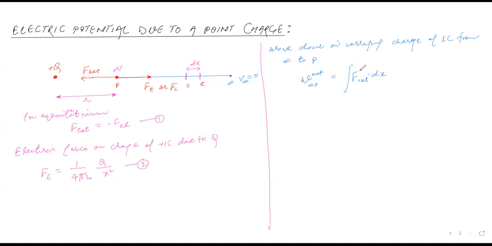We already know F of external is equal to minus of F electric, so you can put it here, from infinity to point P, minus of F electric dot dx.